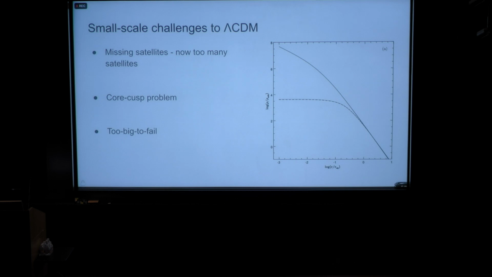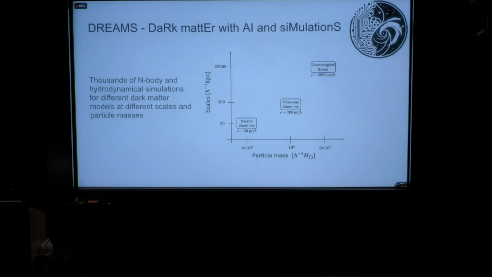So, to study these small scale challenges, we need a controlled environment within which we can vary the baryonic effects, different dark matter models, and also the different cosmological parameters. And to do that, we use the DREAM simulations.